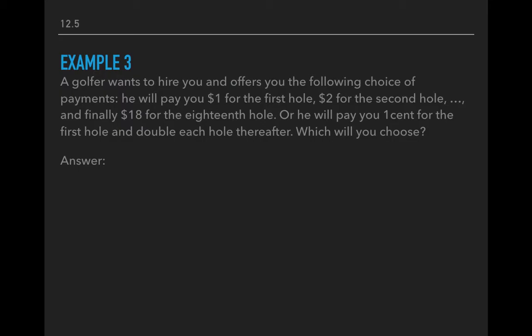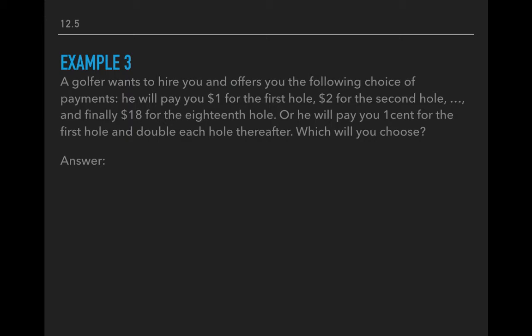So let's say that you are in the position to be a caddy for a golfer, and he gives you the following choice for payments. You can have $1 for the first hole, $2 for the second hole, so on and so forth, and then he'll pay you $18 on the 18th hole.